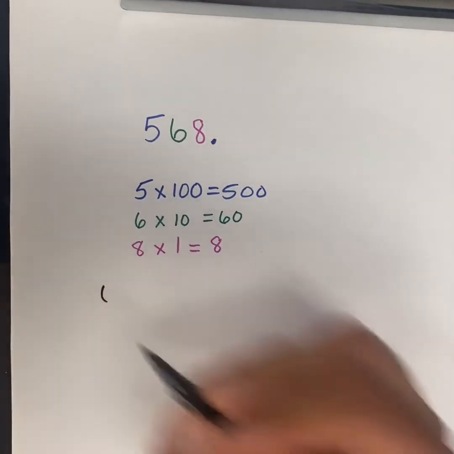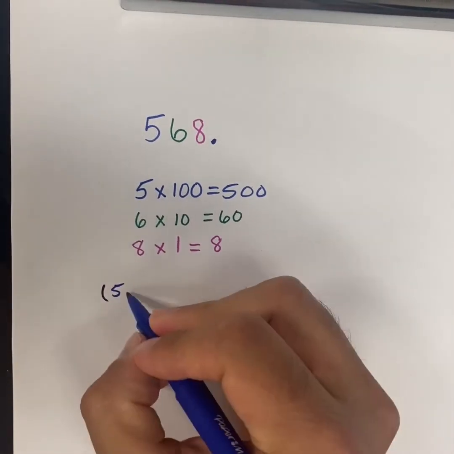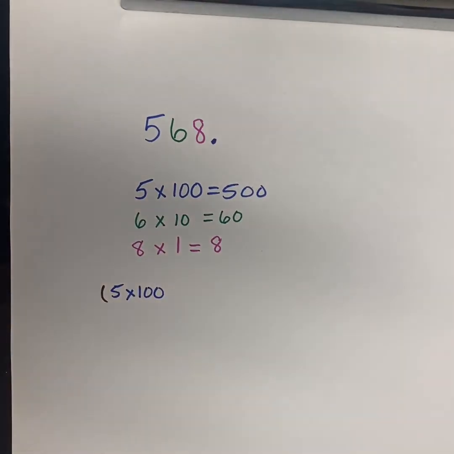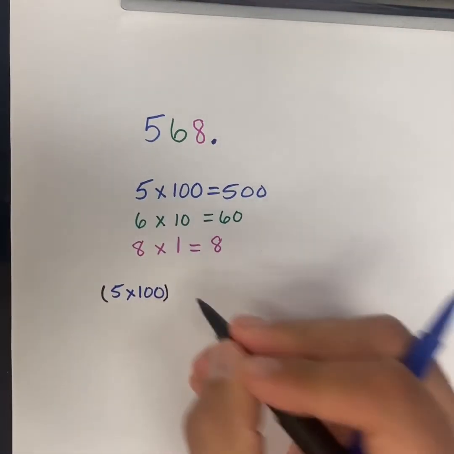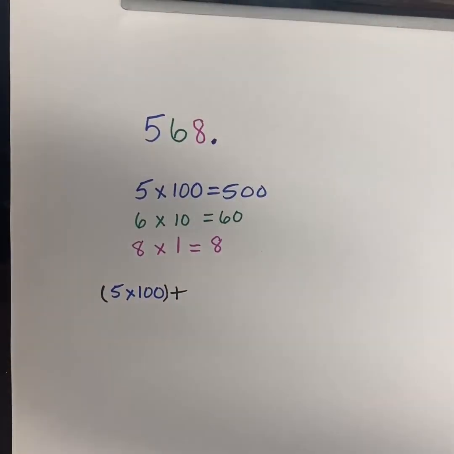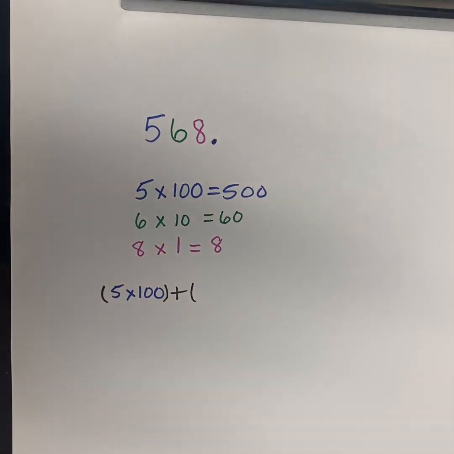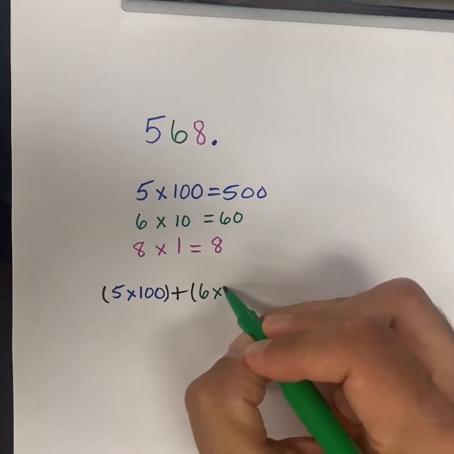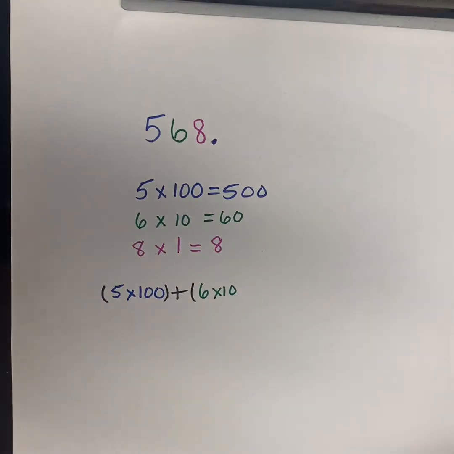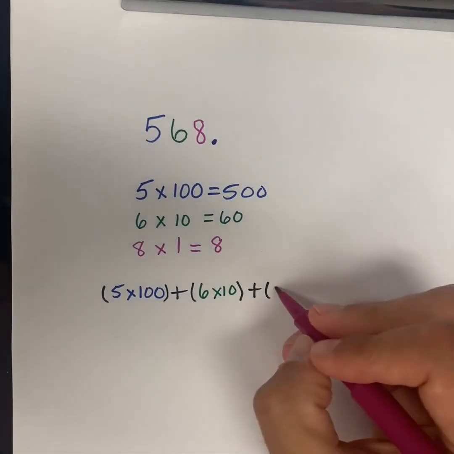So what I would have is 5 times 100 plus we would have 6 times 10 plus our last number, which is 8 times 1.